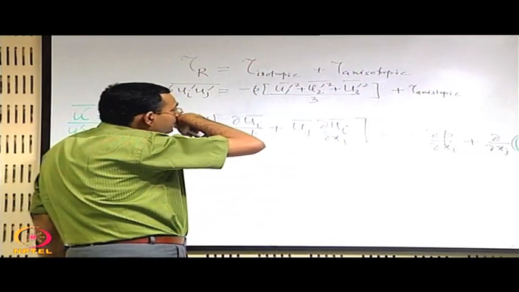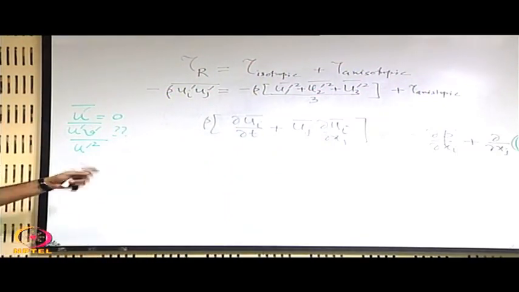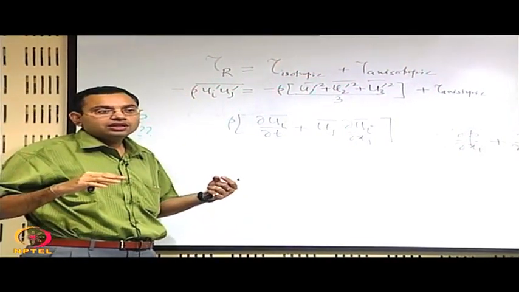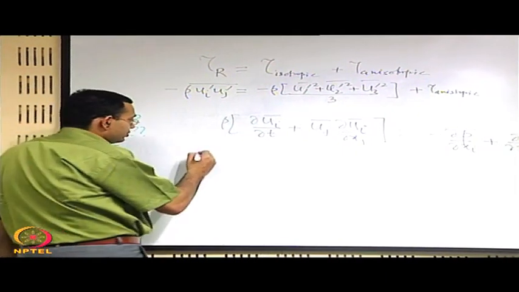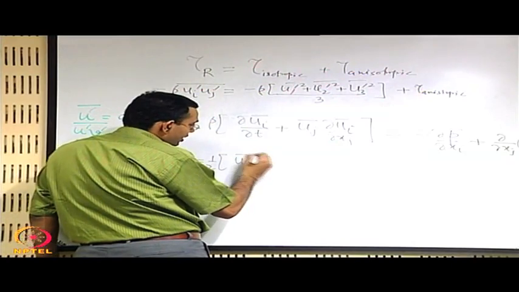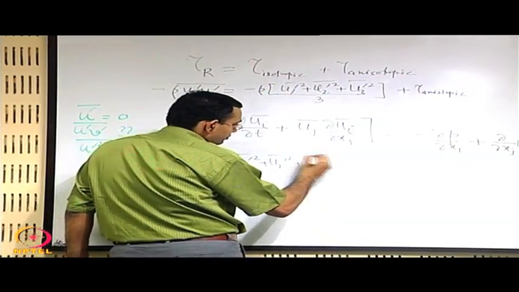We may write the isotropic part through a definition known as the turbulent kinetic energy. So, turbulent kinetic energy sort of represents the kinetic energy because of the fluctuation velocities in the flow. So, that is defined as just half of u1 prime square plus u2 prime square plus u3 prime square.